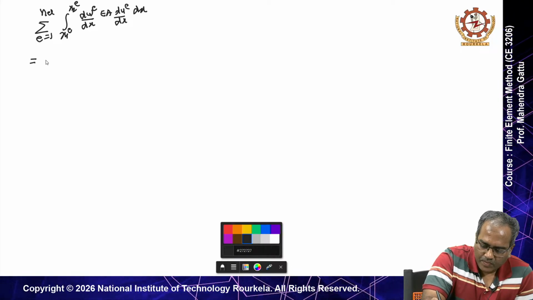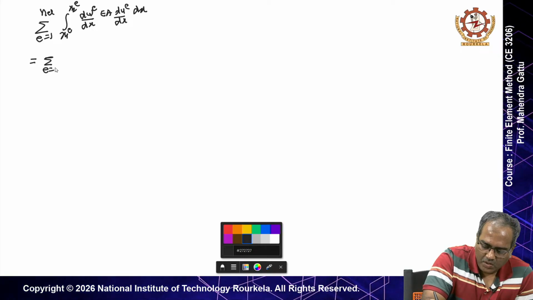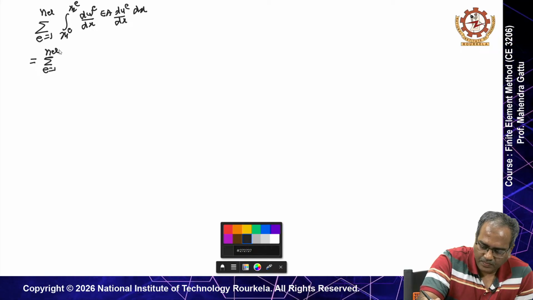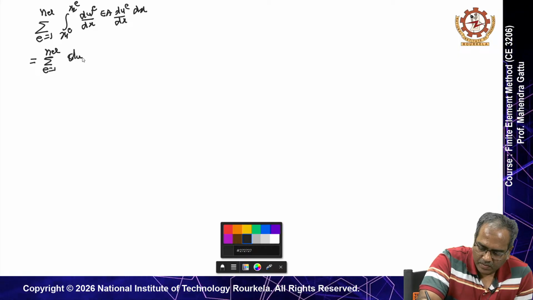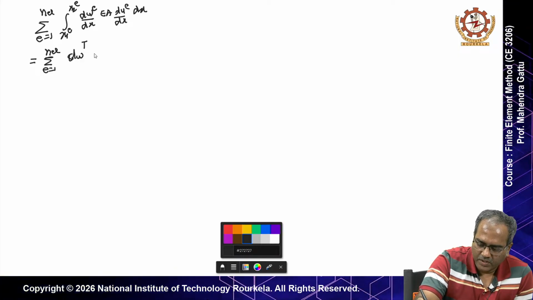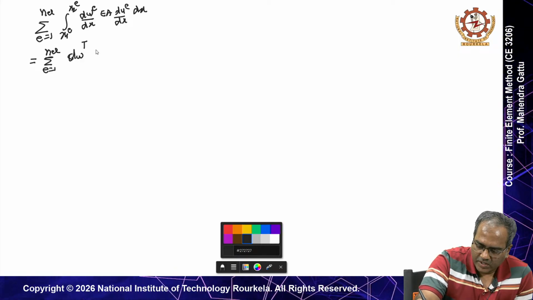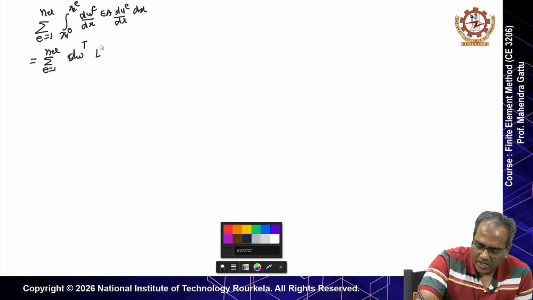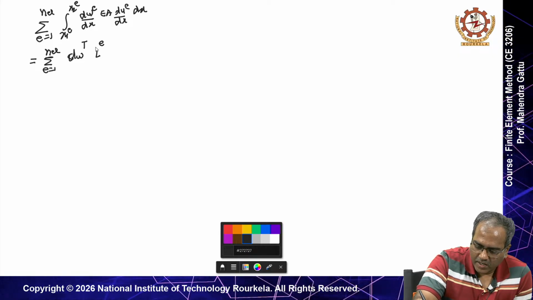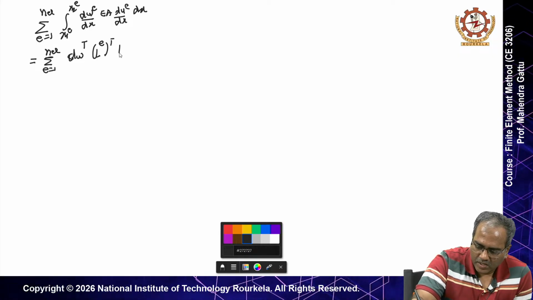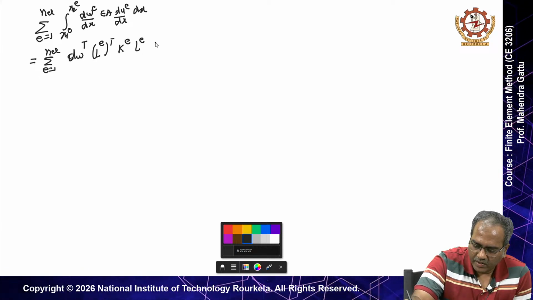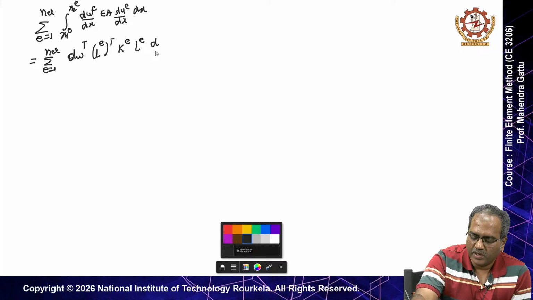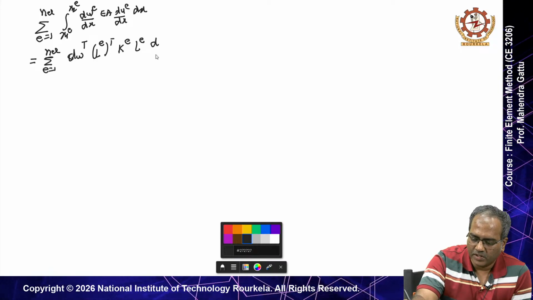This will become the summation from E equal to 1 to the number of elements. So, the first will be the dW term, the global weight terms. The next term will be L E transpose times K E times L E, and then we have the global displacement vector for the trial solution.